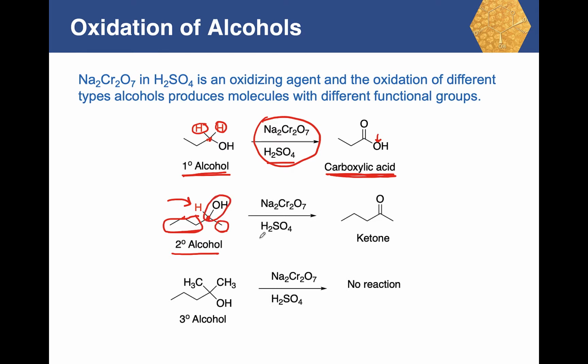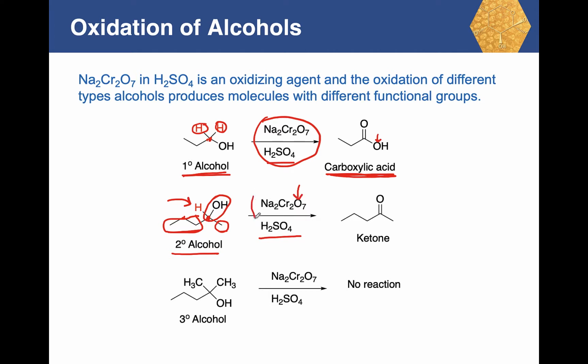In the presence of a strong oxidizing agent, how do we know that's an oxidizing agent? It has lots of oxygens. Typically, an oxidizing agent has lots of oxygen atoms present. As you know, that oxygen is O2, so it is an oxidizing agent also.